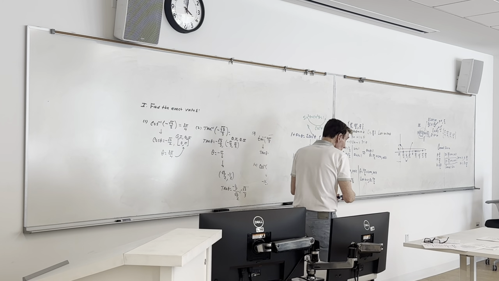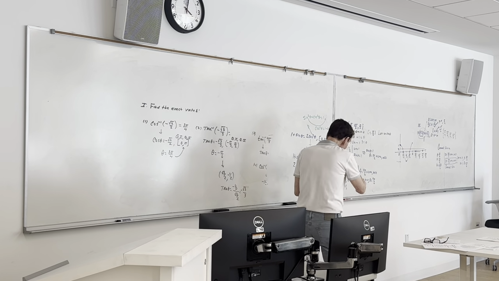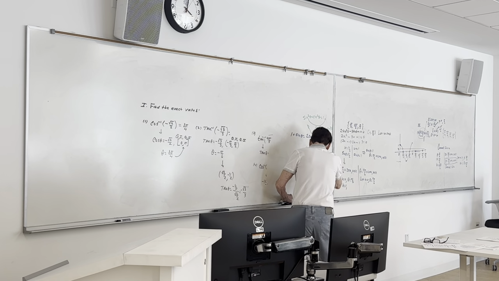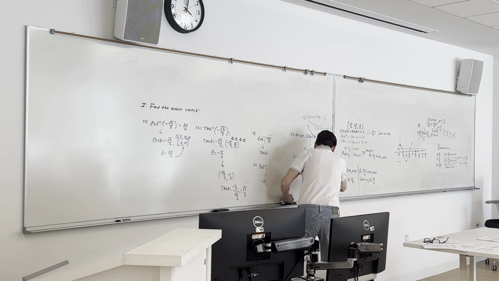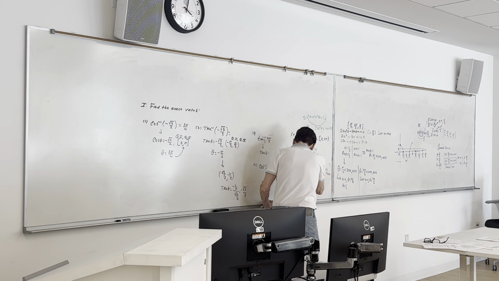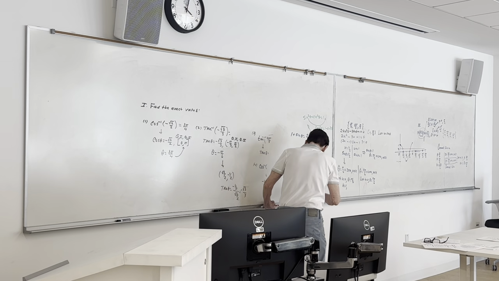Now this is one where I think students would tell me to do the same thing I did over here, to let u be something. And what would you suggest to let u be now? Sine theta? And rewrite this now with that u substitution as 2u squared plus u minus 1 is equal to 0. Let's hope this factors. I do not want to use the quadratic formula. Okay, it does, thank goodness.